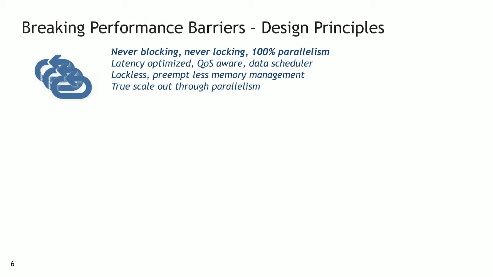The second thing is quality of service awareness. Once you are capable of answering an I/O, you should take into consideration trying to get all the I/Os addressed from the system as quickly as possible.